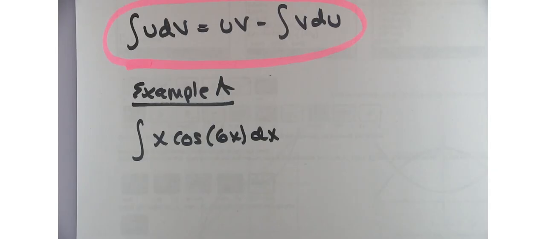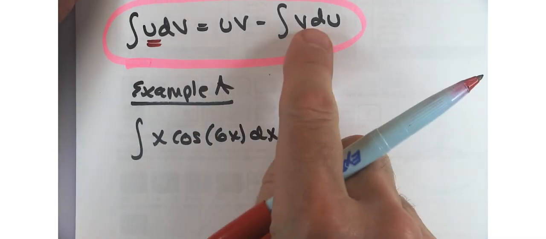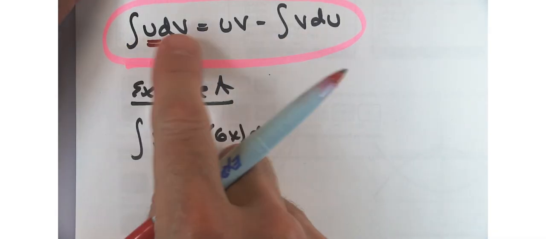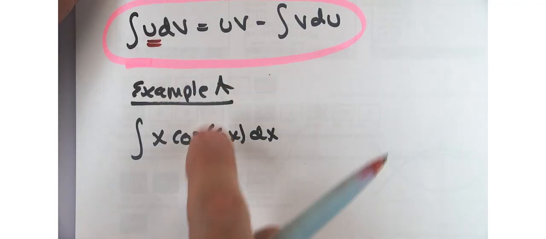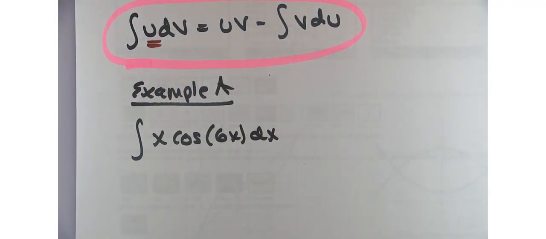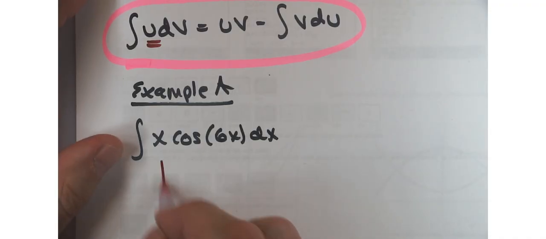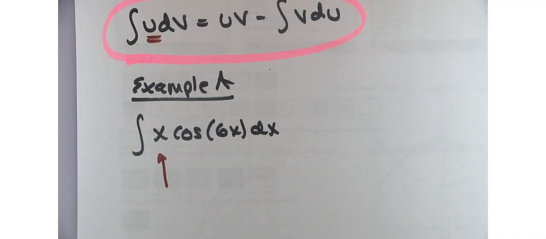So what's going to happen? Once you make those identifications, then we're going to figure out what the derivative of this is, and then you're going to have to find the antiderivative of this. So in general, if you have a choice in terms of how you set things up, you're going to let your u be something that's easy to differentiate.